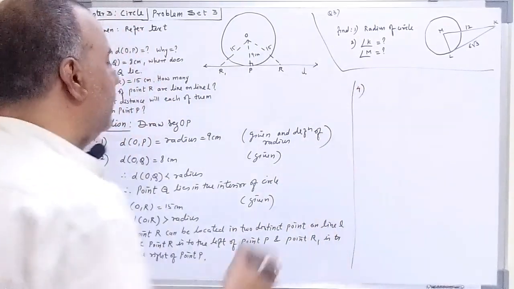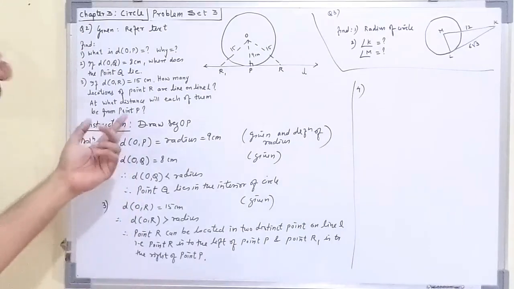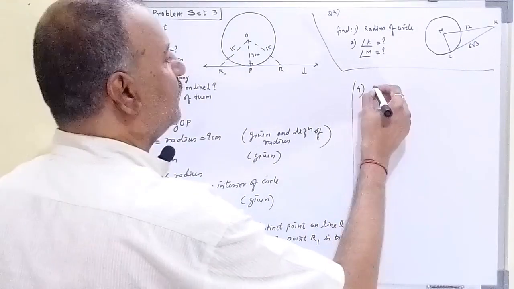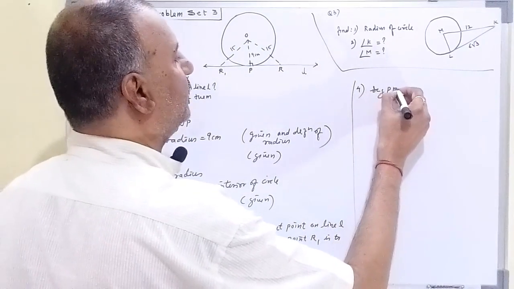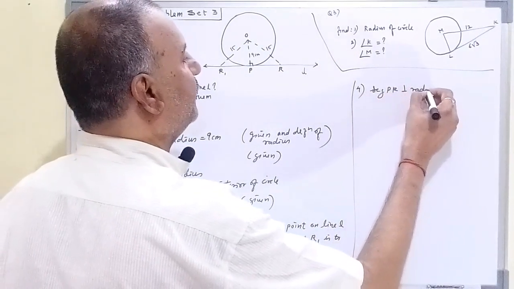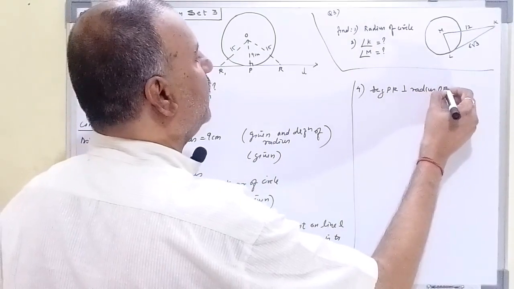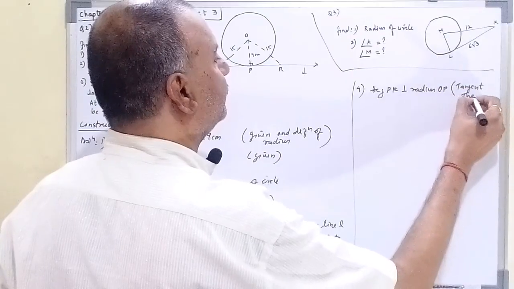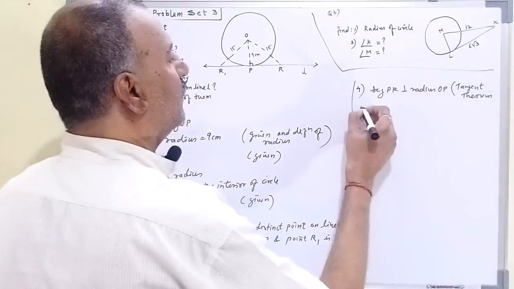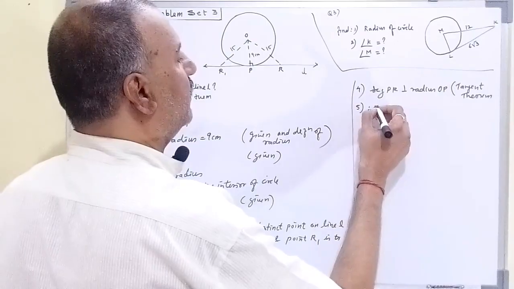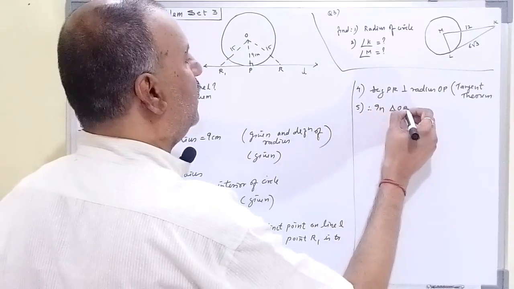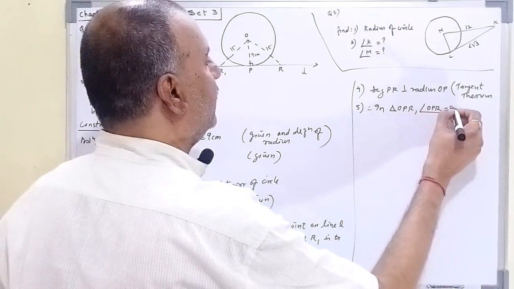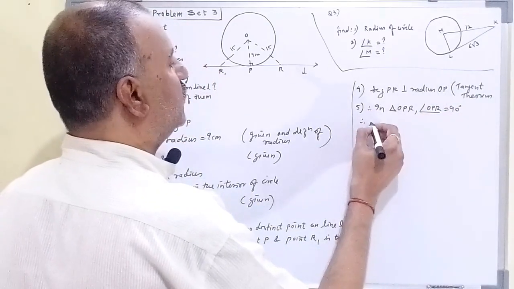Step 4: Now we have to find the last, what is the distance? Before that we have to write: segment PR perpendicular radius OP, tangent theorem. Therefore, in triangle OPR, angle OPR equal to 90 degrees. Therefore, use Pythagoras.